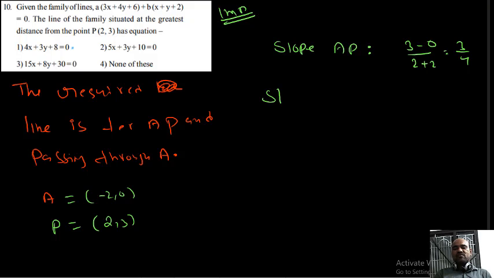Slope of the required line equal to -4 by 3, because the required line should be perpendicular to AP, so its slope is -1 by the slope of AP. Equation of the required line.